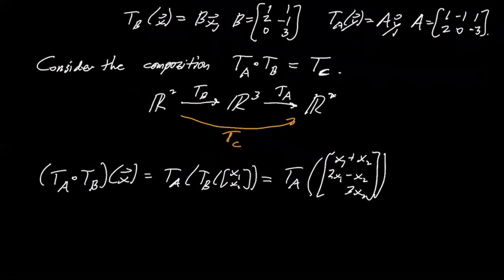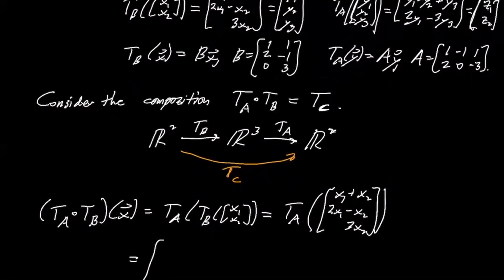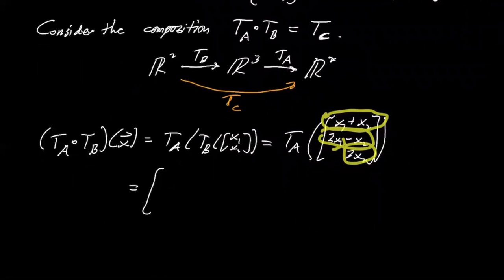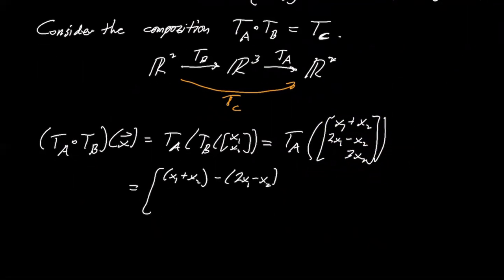The formula up here is y1 minus y2 plus y3 for the first one. So I'm going to do this minus the second one plus the third one. That's x1 plus x2 minus 2x1 minus x2 plus 3x2 there.